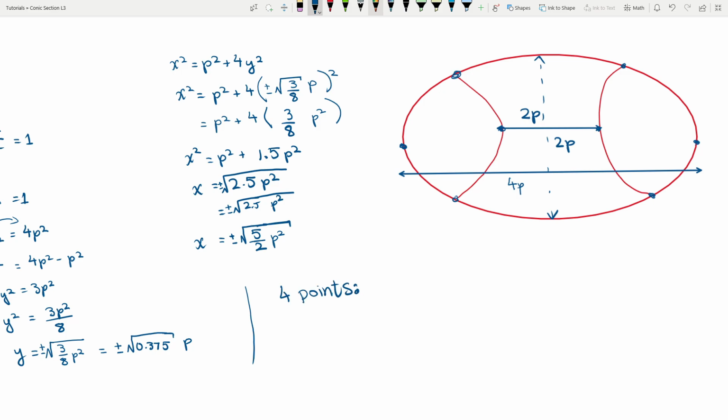So our first point would be negative 5/2 p squared. Okay, and then we get the y as positive 3/8 p squared. Yep. So that goes over here.